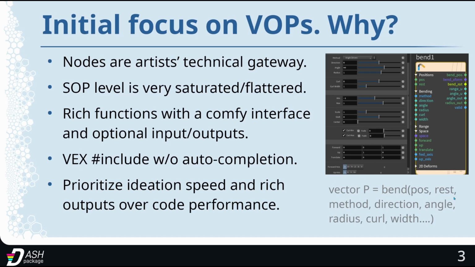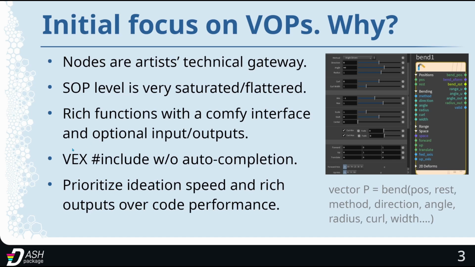In Vex that can change, as there can be function signatures with fewer arguments. Usually on the Vex side there are some functions with more arguments and some signatures with fewer arguments. That cannot be done in VOPs, but still, for an operation like this or the noises, it can be very cumbersome to write everything out, so there are some advantages in there.